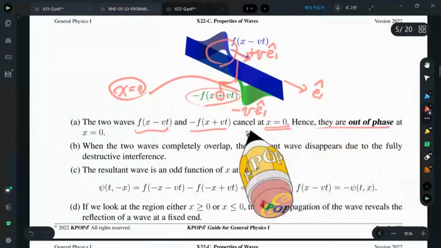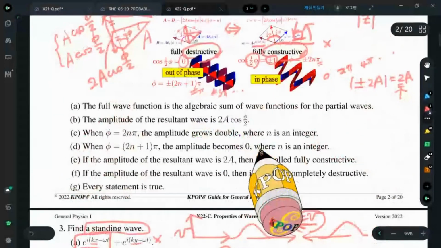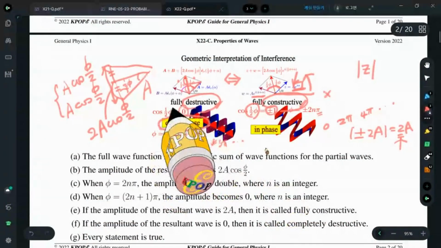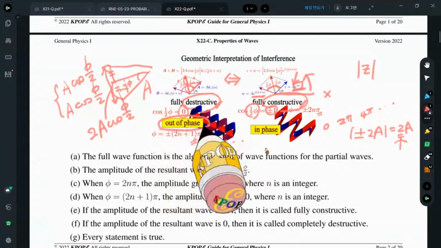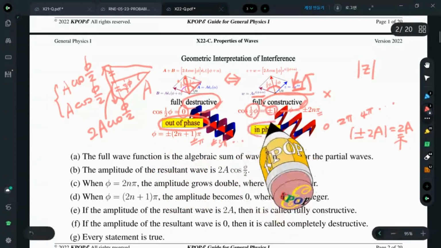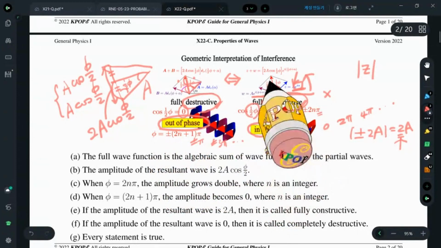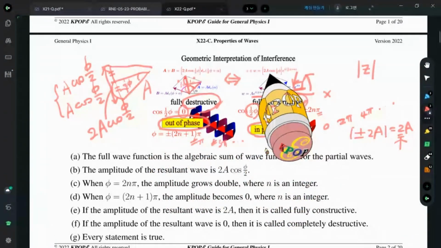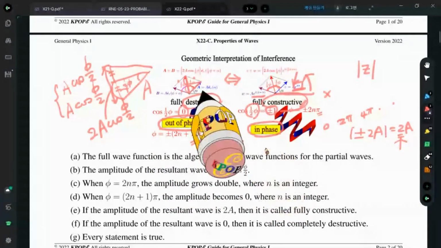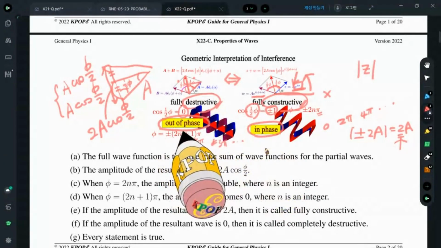They are out of phase. We need to remember what is out of phase. Fully destructive, we call it out of phase. Fully constructive, we say they are in phase. They are added up to make the amplitude twice, and we say it is in phase, and if they cancel exactly, then we call it out of phase.